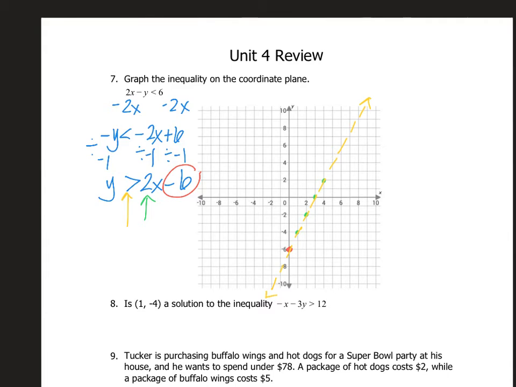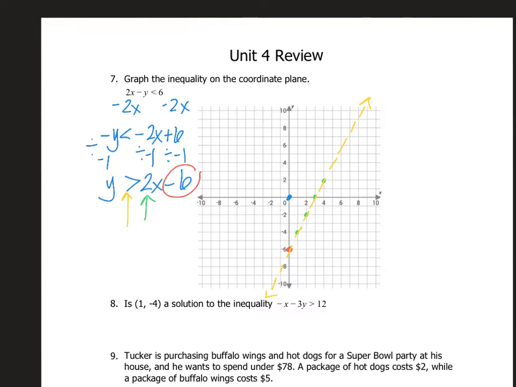Okay, now we need to figure out where we need to shade. I am assuming, since it says y is greater than, that we need to shade above, so to the left-ish of the line. However, we can always test a point just to be sure, so you don't have to, if we were in school and you were shading and then had to erase it and shade the other side, that would be annoying.